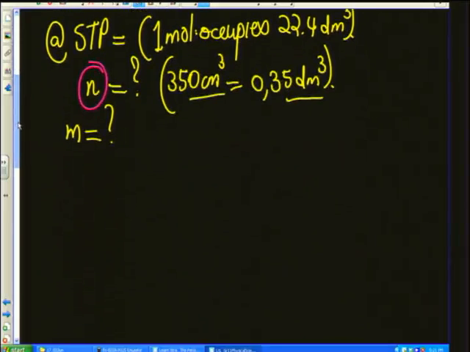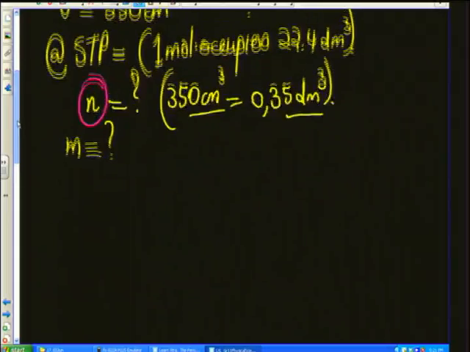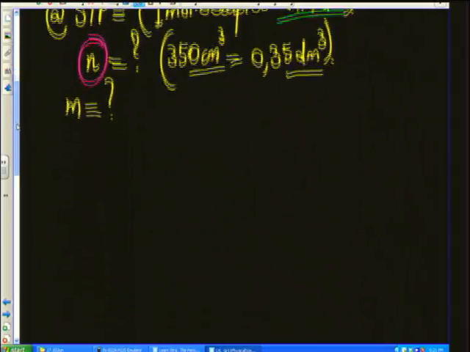And the number of moles in that volume will be, because we know the molar volume, the volume occupied by 1 mole of that, and we know the exact volume occupied by this gas. We can then say the number of moles of the gas available, N, will be found by given volume divided by the molar volume.